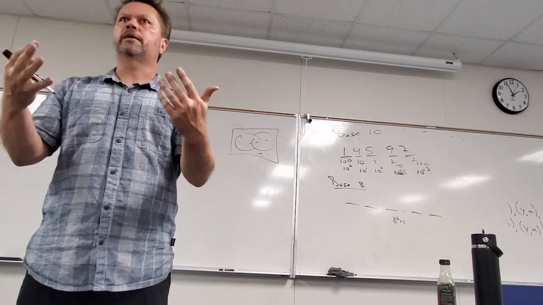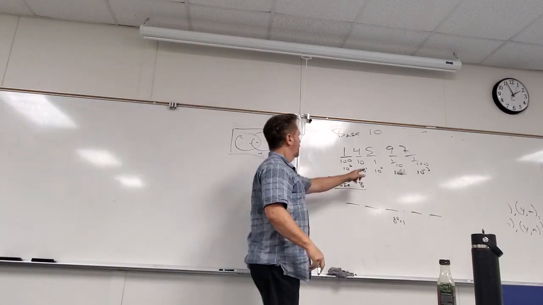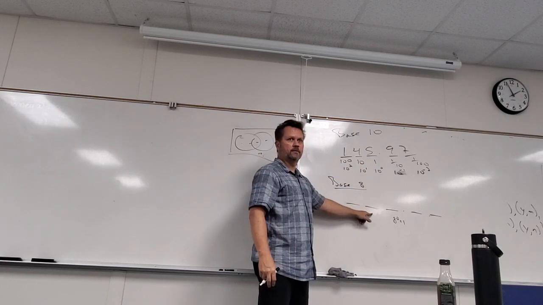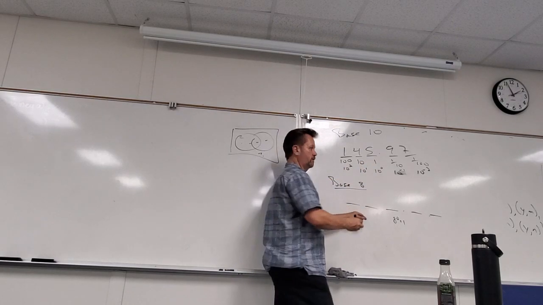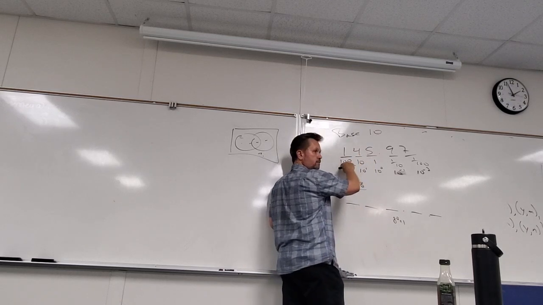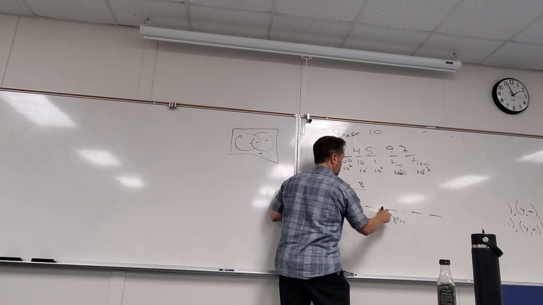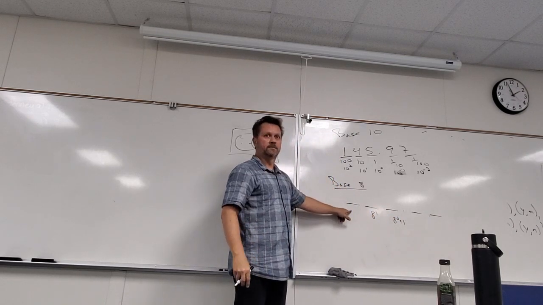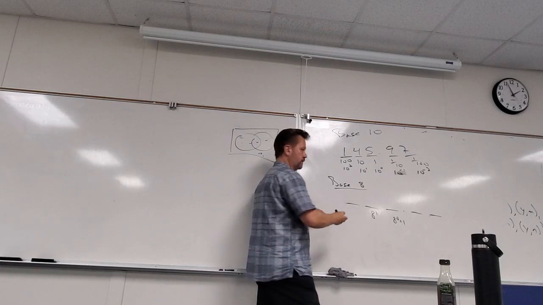Okay, we have to have a ones place. The next place for base 10 was the tens. What's the next place for base 8? 8. How do I get from here to here? I kept multiplying by the base. Times 10, times 10. Divide that way. So 8, 1 times 8 is 8. So what's this place? 8 squared, 64.